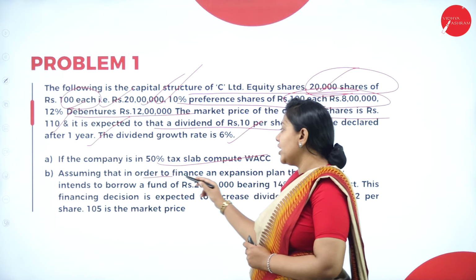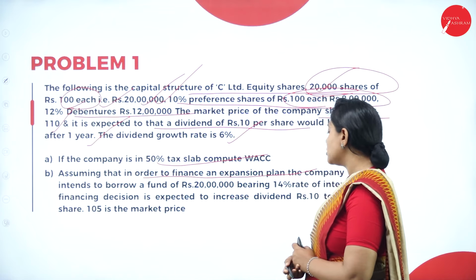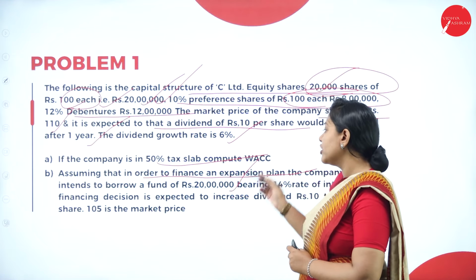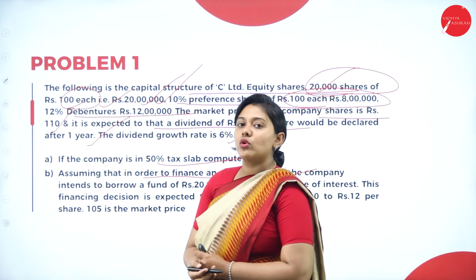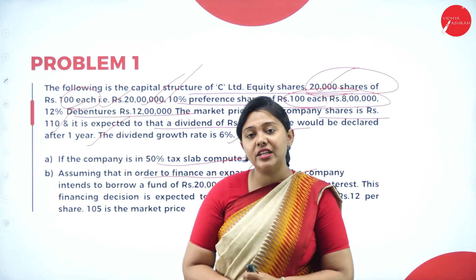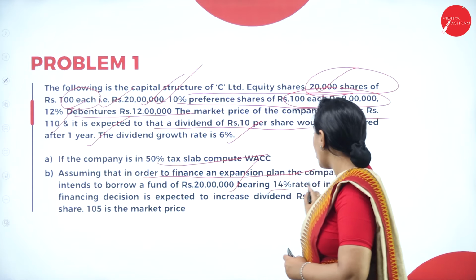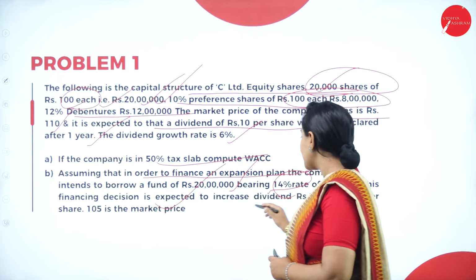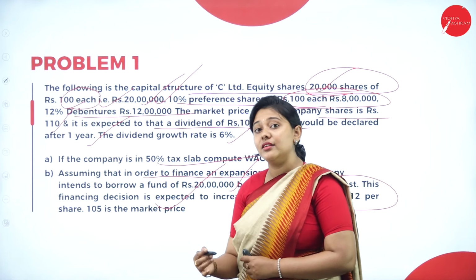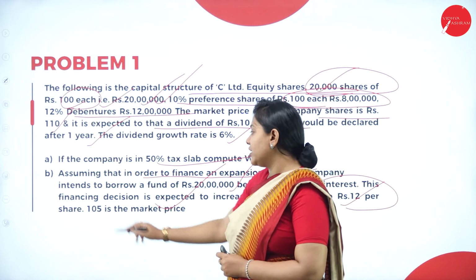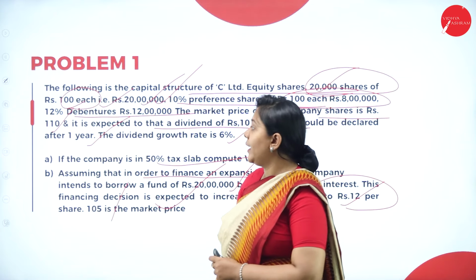Next, assuming in order to finance an expansion plan, the company intends to borrow a fund of 20 lakh. So in order to expand the business, the company has borrowed 20 lakh at an interest rate of 14%. This financing decision is expected to increase the dividend from 10 rupees to 12 rupees per share, and 105 is the market price.